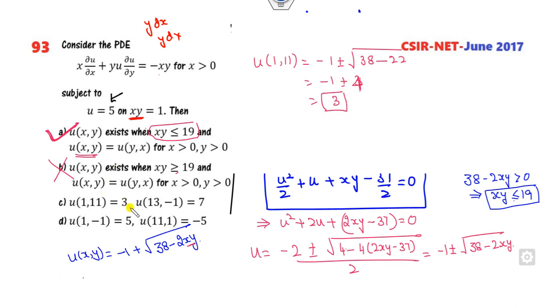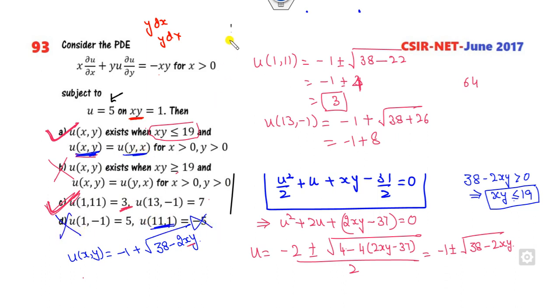If I take it as positive, it's satisfied. I can check the (13, minus 1) case, so it is minus 1 plus the square root of 38 minus 2xy, so it's plus 26, so it is 64, the root is 8, minus 1 plus 8 is 7, the right answer. And clearly we already proved u(x,y) is equal to u(y,x), but it is not equal to 3, so that option is wrong. The answer is A and C are the correct answers.